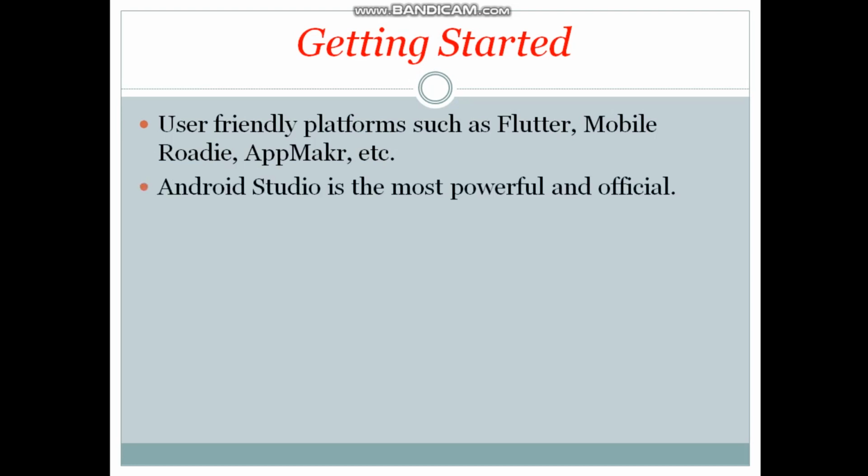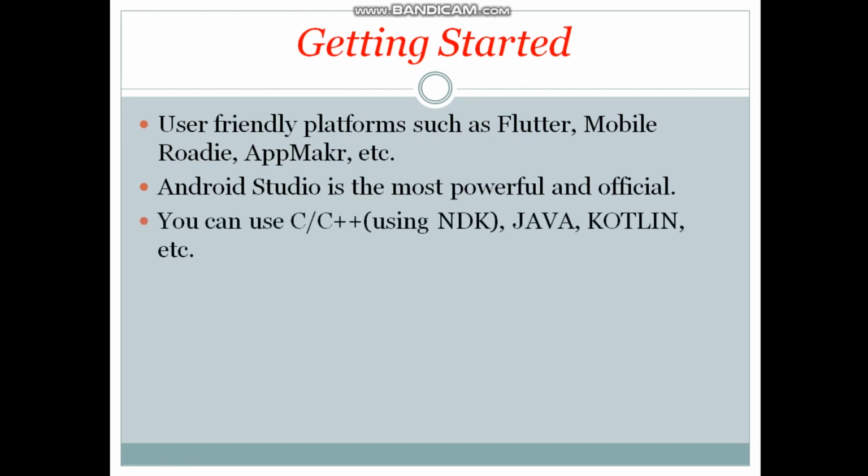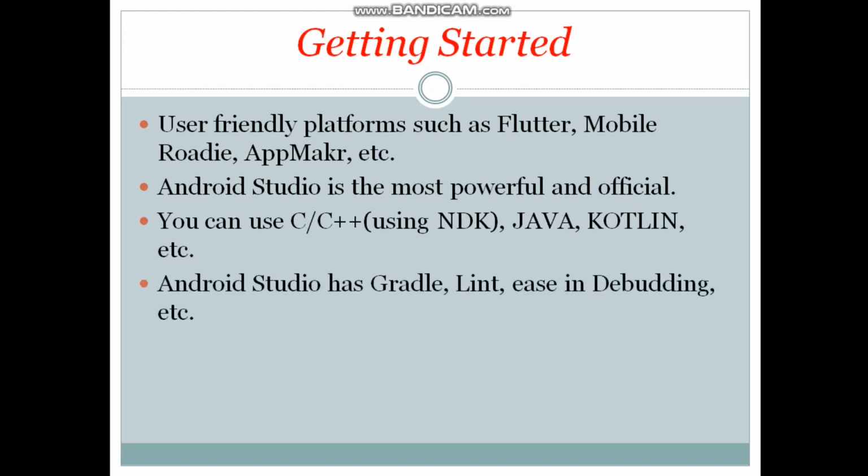It is by far the most powerful tool and IDE used for Android development. It provides many features such as ease in debugging errors, giving a fast emulator, and also has Gradle functionality, which will be later on explained in the course. The UI for your application can be built by simple drag and drop functionality. Using Kotlin is advised for beginners.